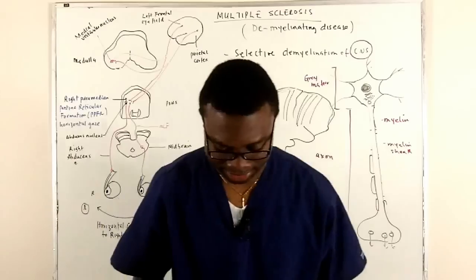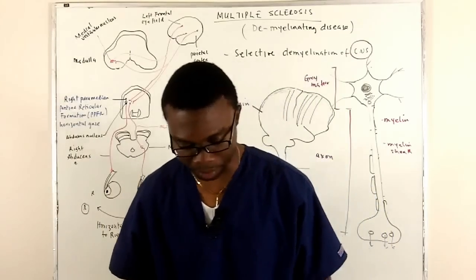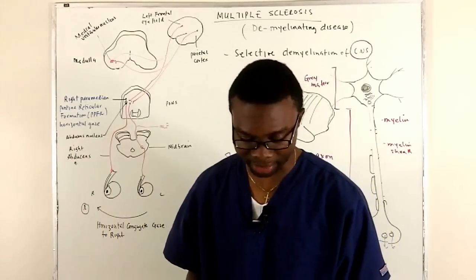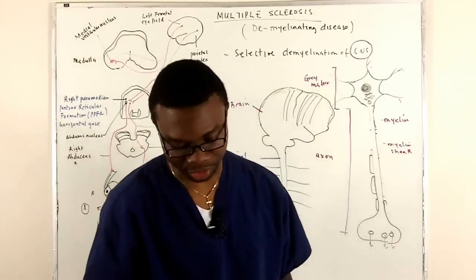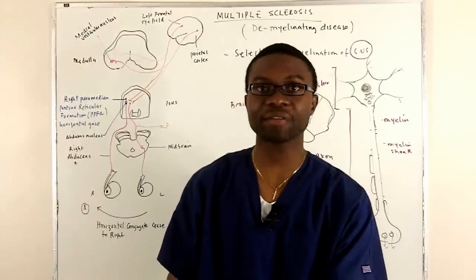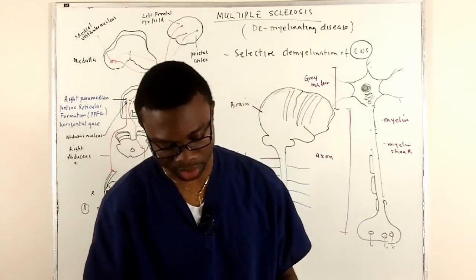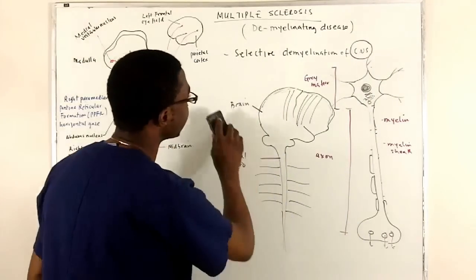Central nervous system, and also the peripheral nervous system is affected. Now, there are common tracts that are actually affected when patients have multiple sclerosis. We're going to talk about some of them.